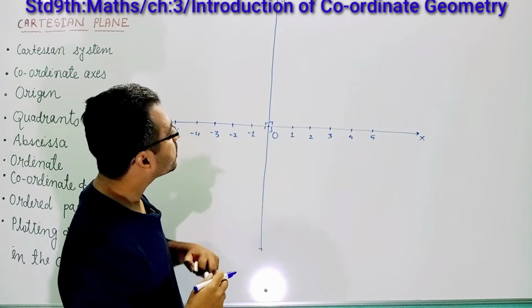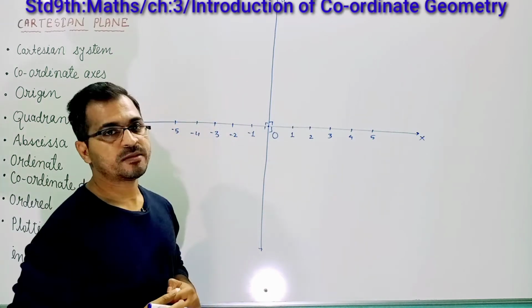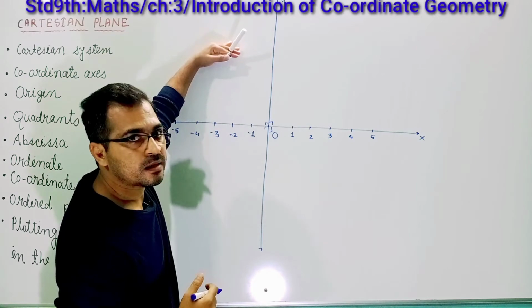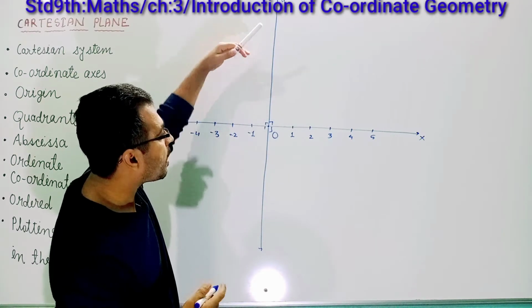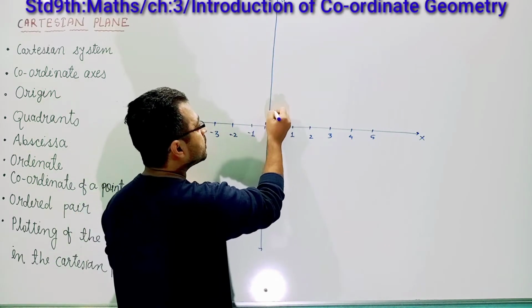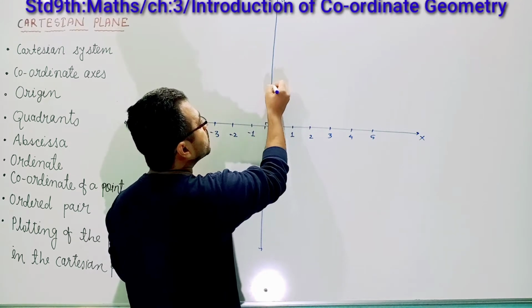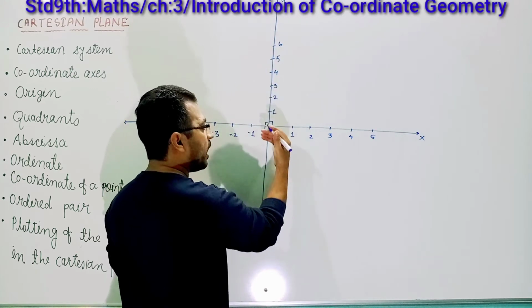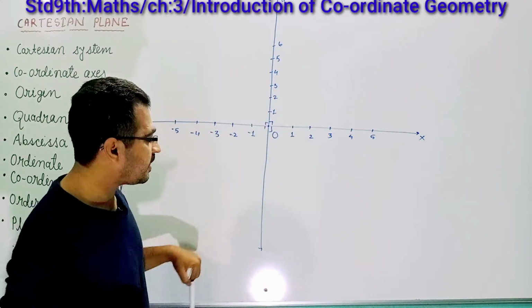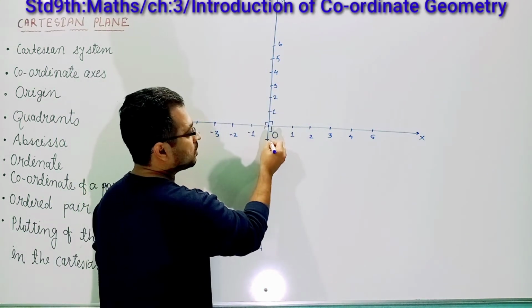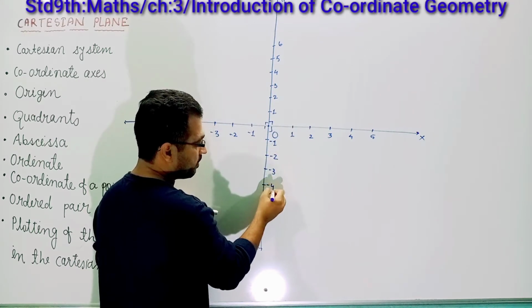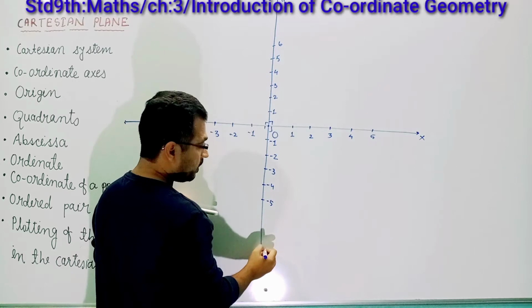Similarly students, on the y-axis in the upper half plane there are positive integers 1, 2, 3, 4, 5, 6, and in the lower half plane there are negative integers -1, -2, -3, -4, -5.